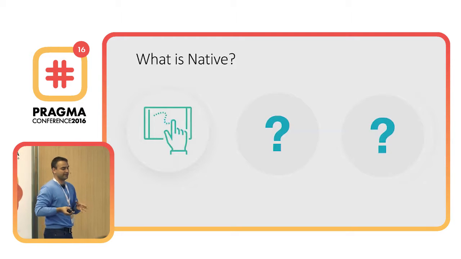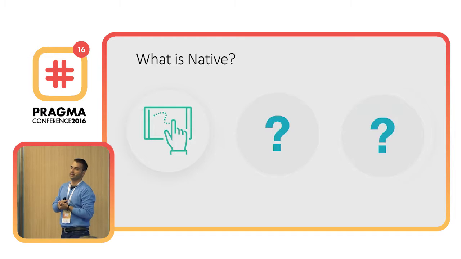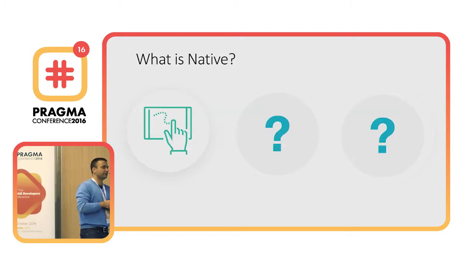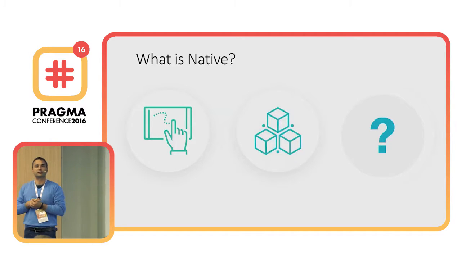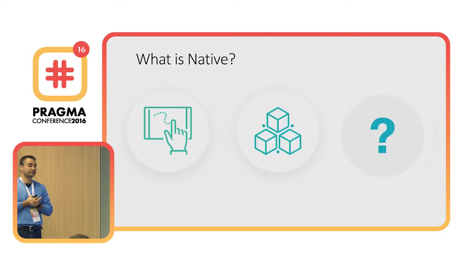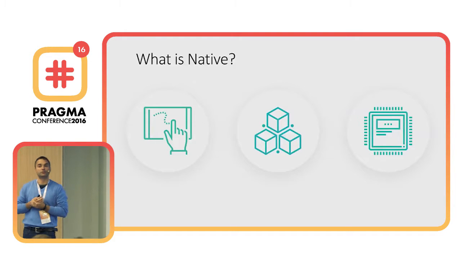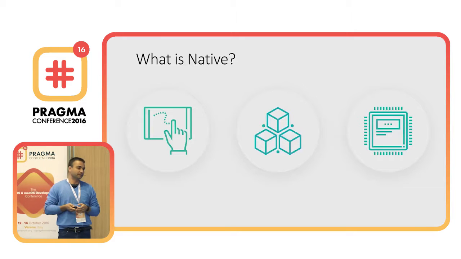Each operating system, Android, iOS, Windows, has its own design language, so the user, when using the application, usually expects to have the look and feel of the operating system. Then we have full access to the SDK of the operating system. And the third part, the application needs to be really fast, fast and fluid.